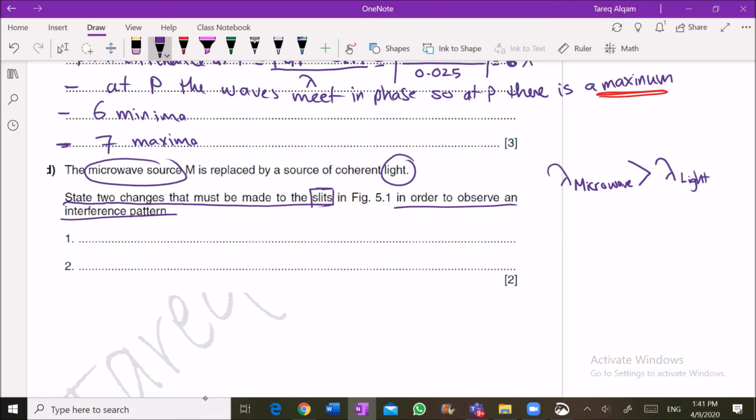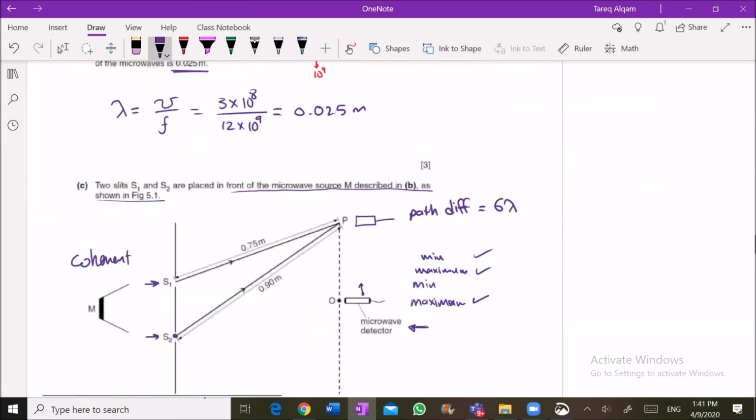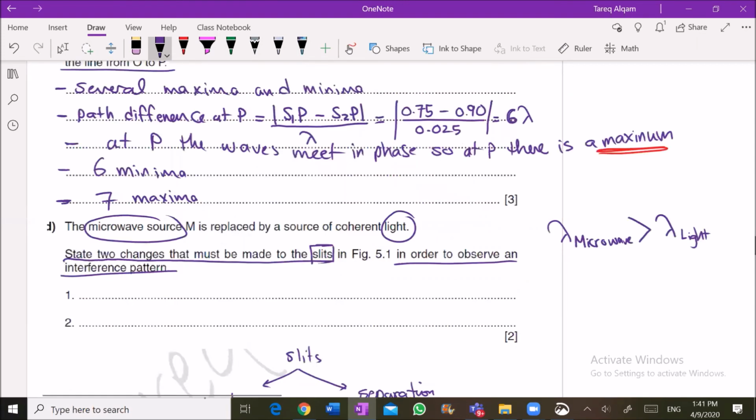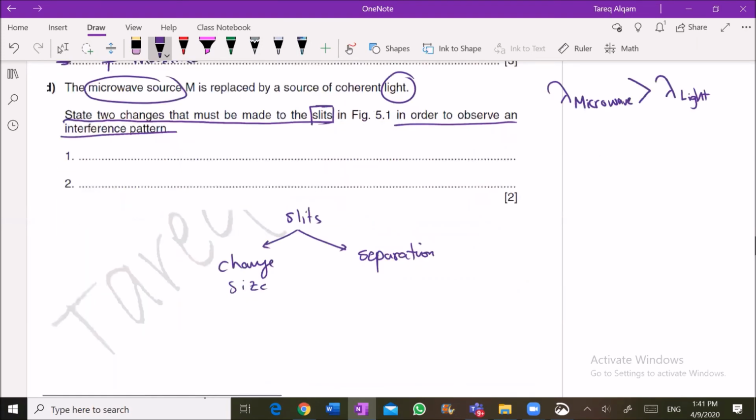What are the possible changes for the slits? Either change the size, or the separation, meaning the distance between them. So the possible changes that I can do for the slits, two things: either change the width of the slit or the separation between them. Clear?